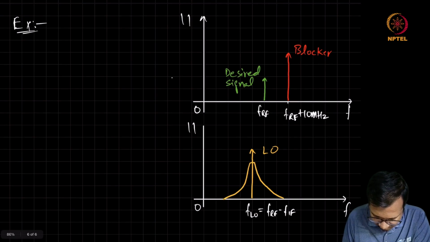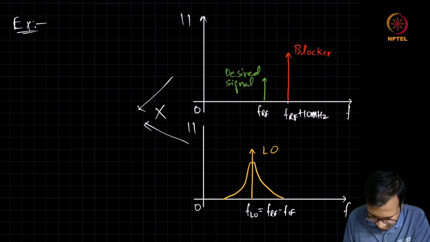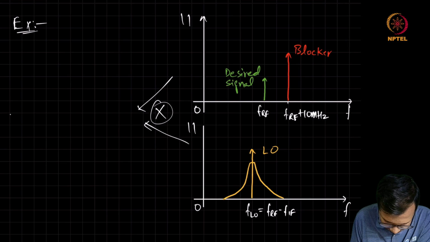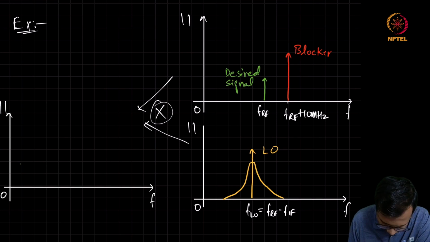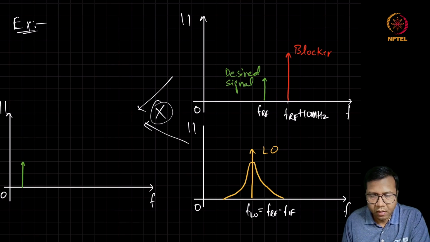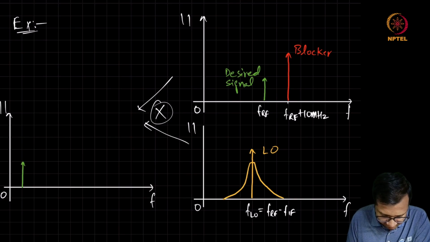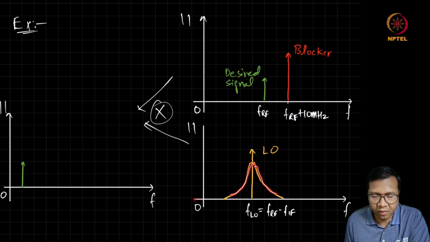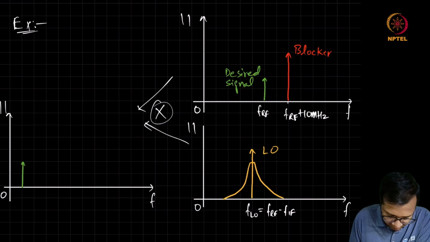So if we draw the spectrum at the baseband, at around FIF we are going to get a component due to the desired signal. But at the same time, since the LO has these side skirts because of phase noise, the received signal will also have these side skirts.